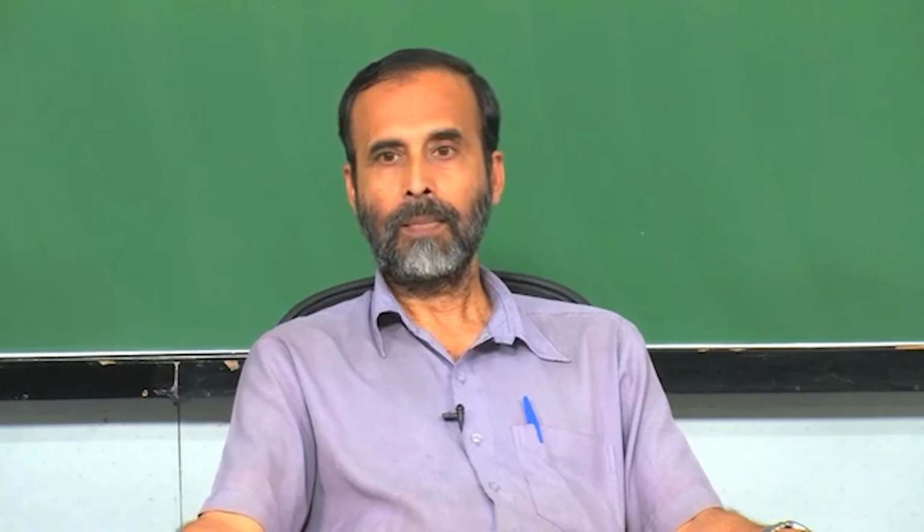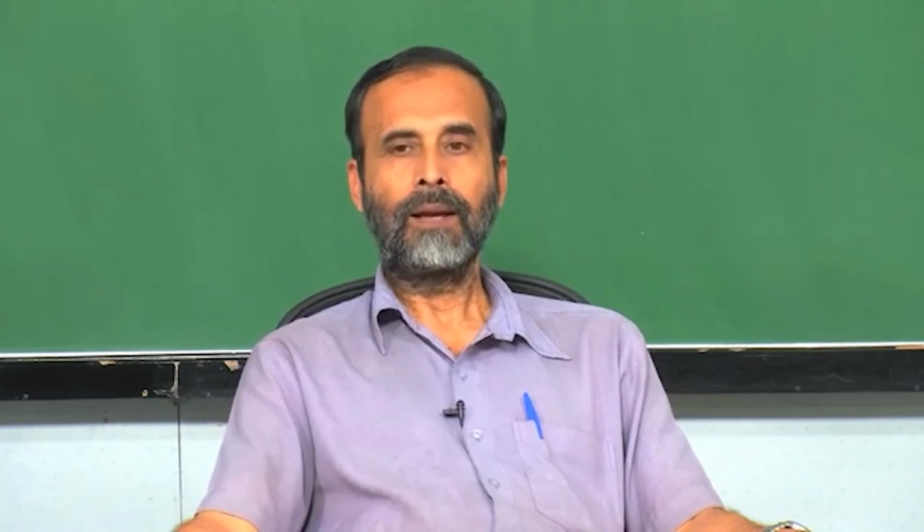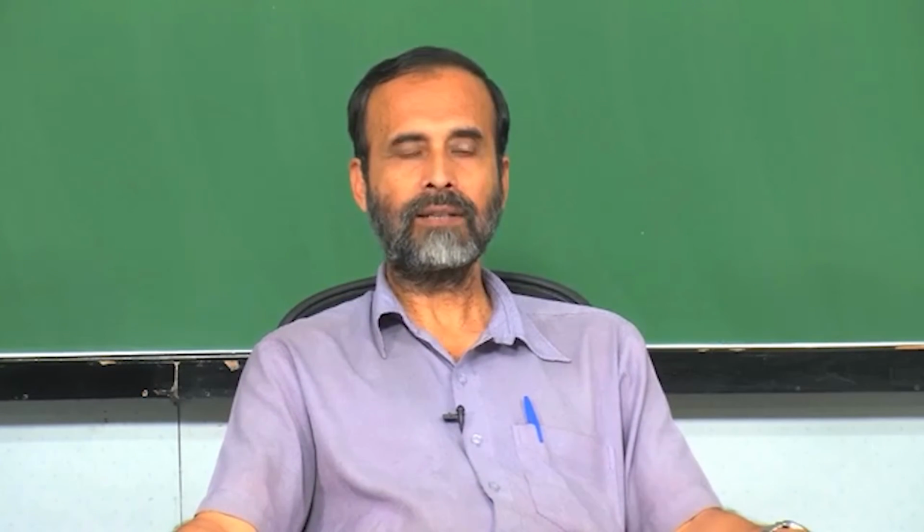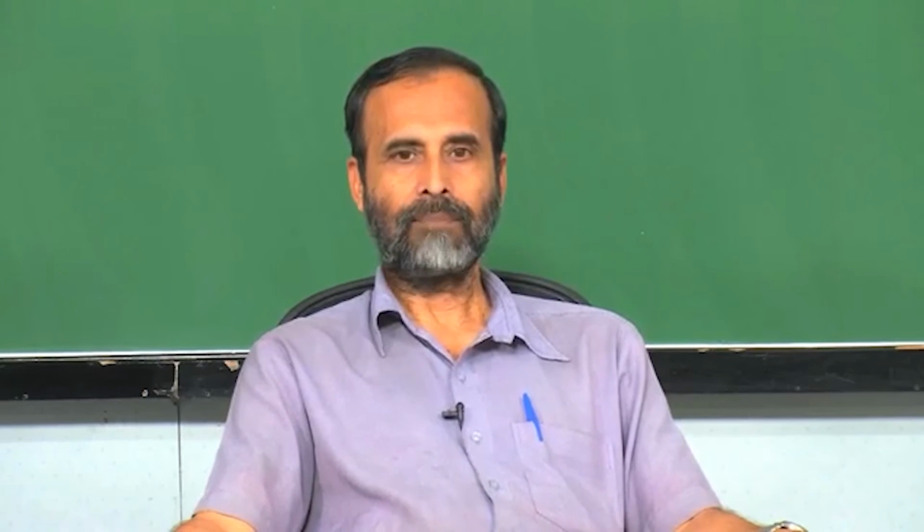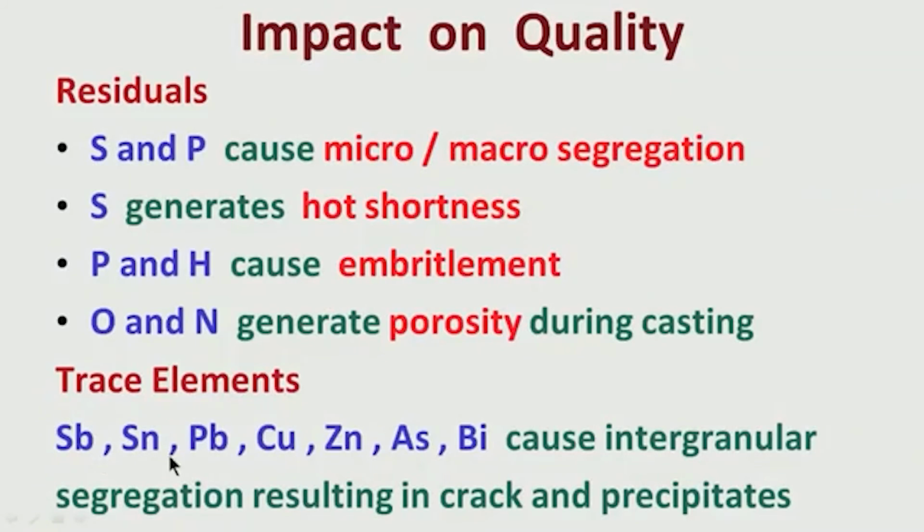Now, what is the impact of trace elements? I have talked about the trace elements like antimony, tin, lead, copper, zinc, arsenic, bismuth. They can cause intergranular segregation. What is meant by intergranular segregation? Most of these elements are surface active, like phosphorus is also surface active.